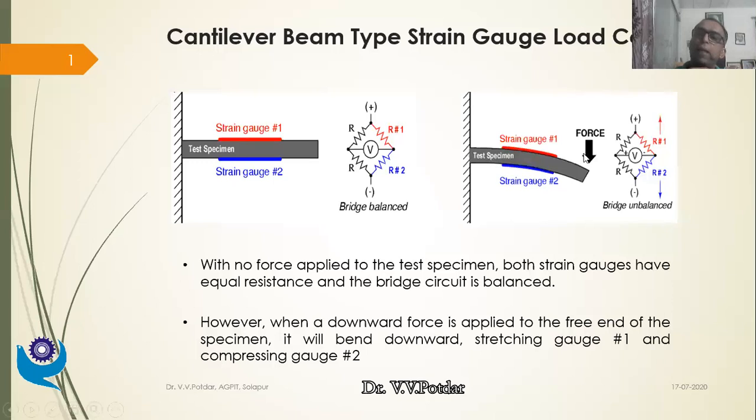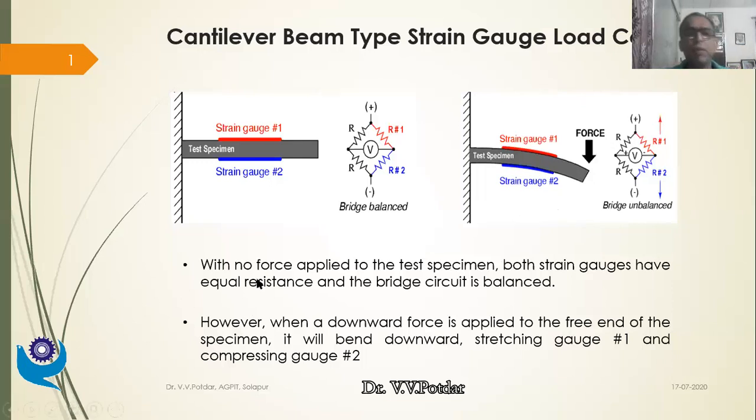The platform will be connected with a bar at the end of this cantilever beam. So the force that I'm applying will be transmitted to the cantilever beam, and I'll be getting output voltage, and the voltmeter can be calibrated directly to indicate the force, isn't it? This is how this cantilever beam type strain gauge load cell can be used for measurement of force.